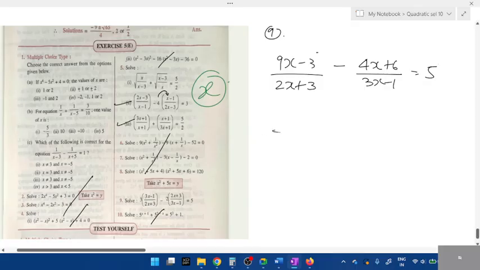Completed, students? Be quick. Don't try to do it directly. Write it step by step.